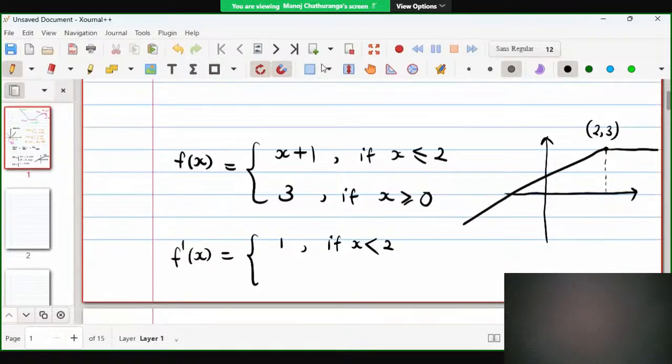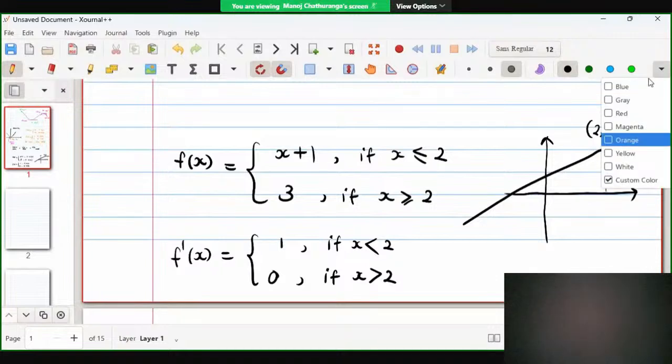So the derivative is 0 if x is bigger than 2. And this must be 2. So we have a problem at 2. At 2, the derivative is undefined.